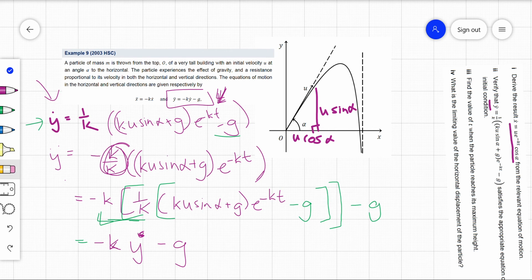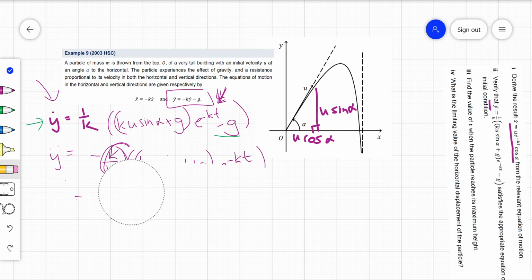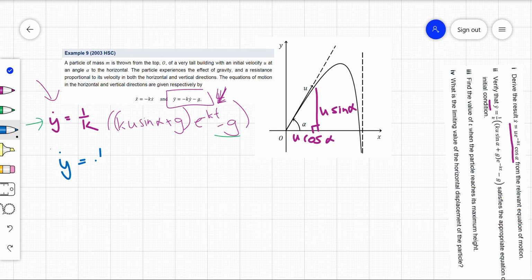Let me just wrap this out a little bit. So when t equals 0, we still have the 1 on k, but in here we have ku sine alpha plus g times 1, and then you have a minus g.